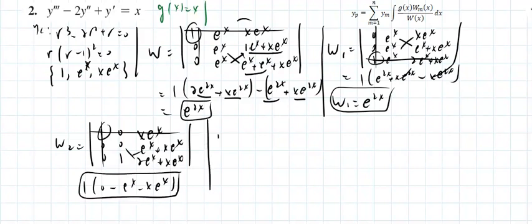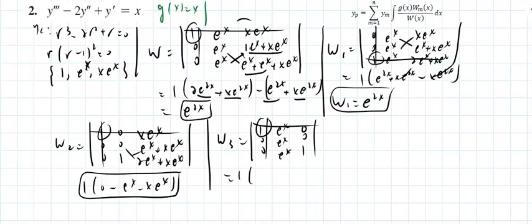And if I go for the third, and if I pick this entry, that will be e to the x minus 0, which is e to the x. Got them. So I got everything that I need.